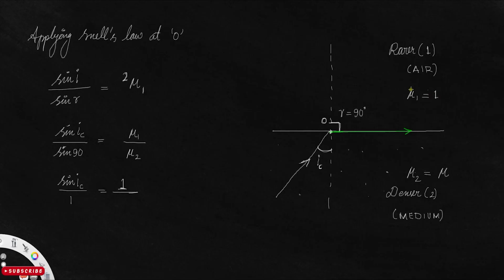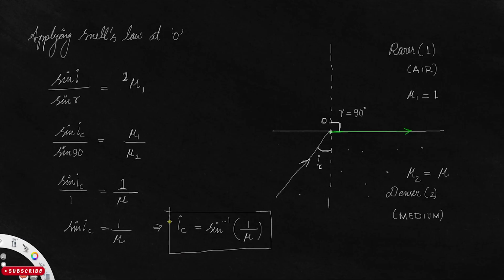For air, absolute refractive index is 1. So 1 by mu. So sine IC will be 1 by mu, or you can write IC equal to, taking the sine to the right hand side, sine inverse 1 by mu.